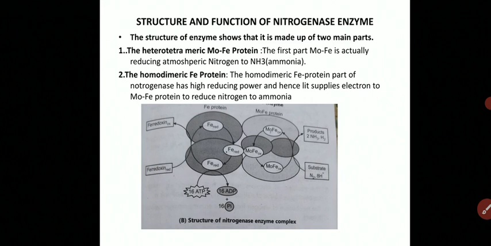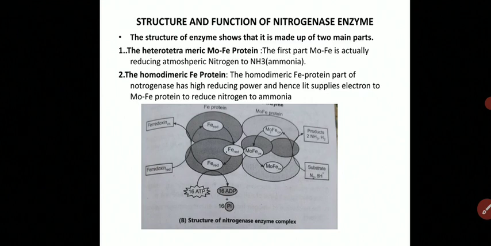The nitrogenase is a complete group of enzymes encoded by the nif gene, and it has mainly two components. First, the heterotetrameric MoFe protein, and second, the homodimeric Fe protein.